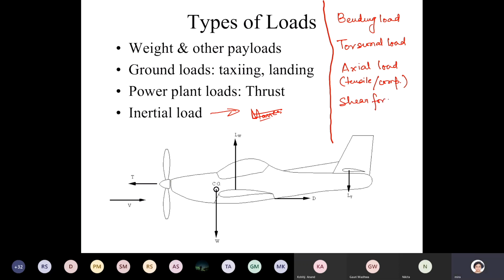So from a structural perspective, these are the kinds of load that we will need to analyze. These are the kinds of load that can come on an aircraft structure. The source of this load can be anything: aerodynamics, weight, ground load, whatever. From now on we will not bother much about this. For us, it is important whether it is a bending load or bending moment, a torsion, axial or shear force.